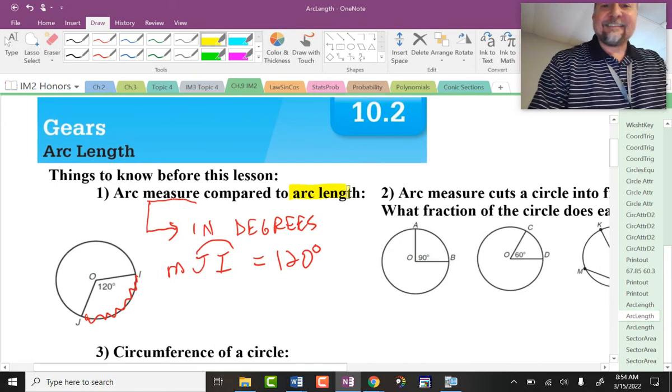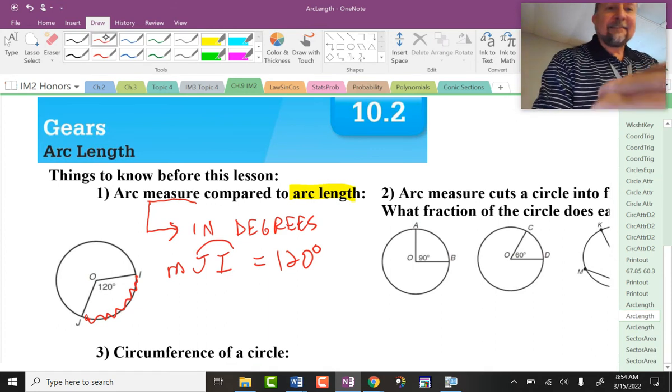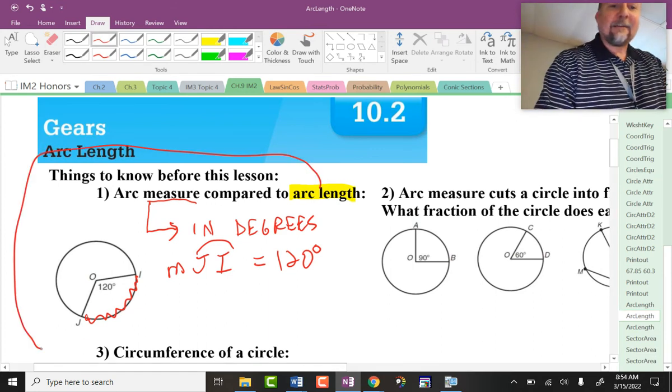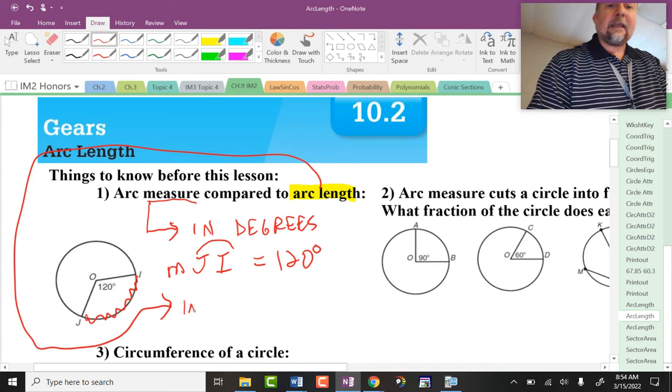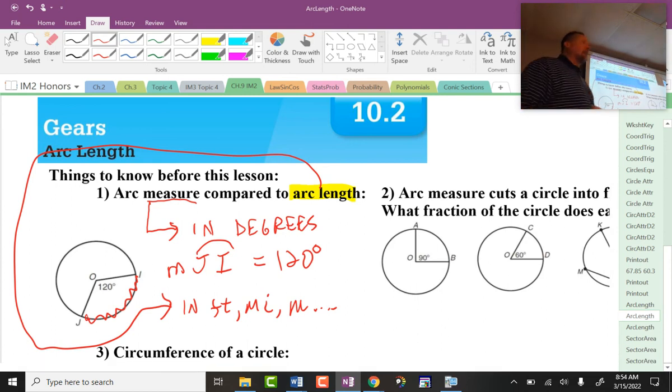All right, sorry. Arc length, all right, is red, in feet, miles, meters. It's a concrete, measurable distance. If I was an ant, how far would I walk?